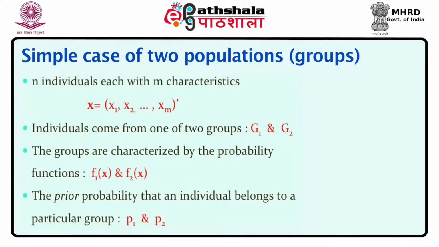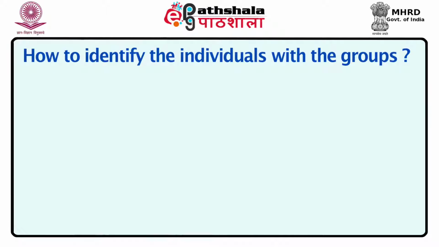So it's either P1, the probability that an individual comes from group 1, or P2, where P2 is the probability that the individual comes from group 2. Since all individuals must come from one of the two groups, it's obvious that P1 plus P2 must be equal to 1. Now, how to identify the individuals with the groups?